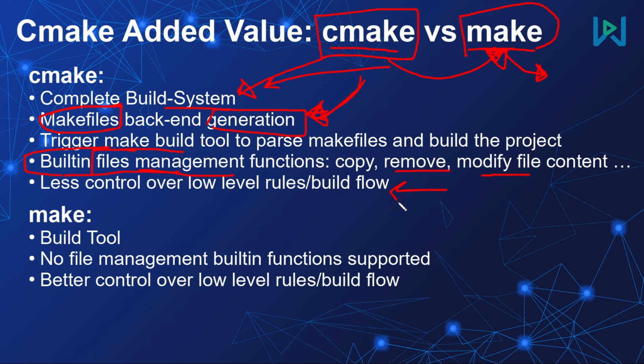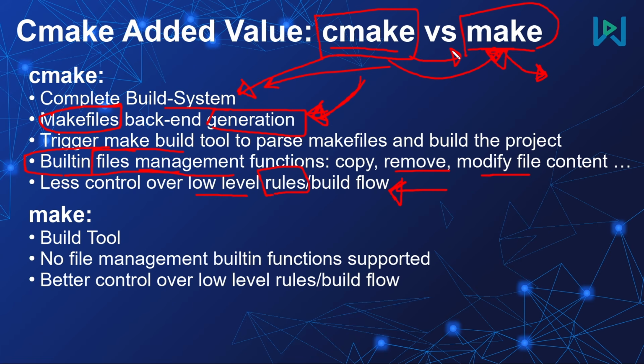Nevertheless, there is one drawback I see personally with CMake, which is that it doesn't offer that low-level control over the backend rules generation. It is correct that it automates the flow of generation of our backend makefiles and automates the creation and the writing of the different makefile rules.